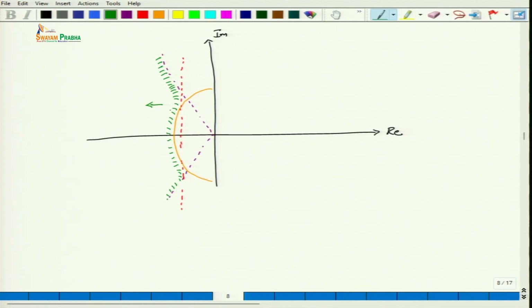So, if we place the poles within this region, then it will meet all the criteria as has already been specified. So, basically poles within this region meet all the criteria.